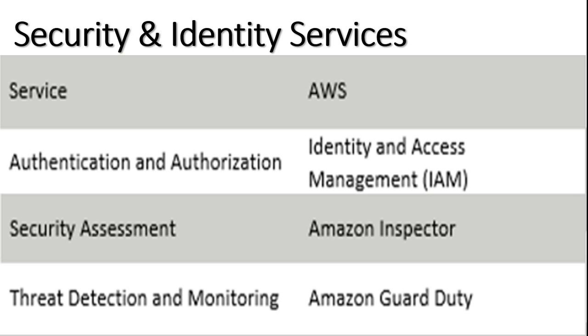I will be giving you the demo of these in our coming videos. I will give you a brief description about IAM: how to create a user, how to create a group, how to create a policy, how to add a user into a group, and how to create a role as well.